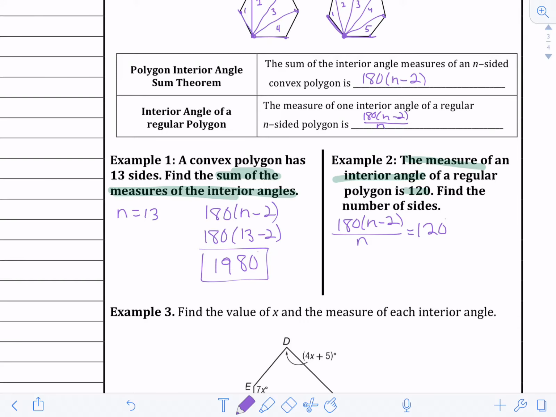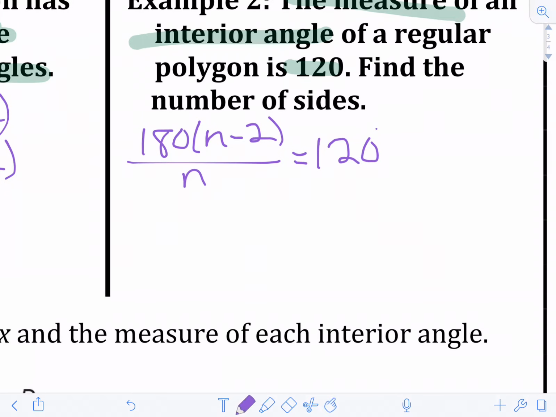So we're going to have to do a little bit of algebra here. The first thing you have to do to get n by itself is multiply both sides by n. So we will have 180(n minus 2) is equal to 120n. I'm going to distribute the 180 degrees.